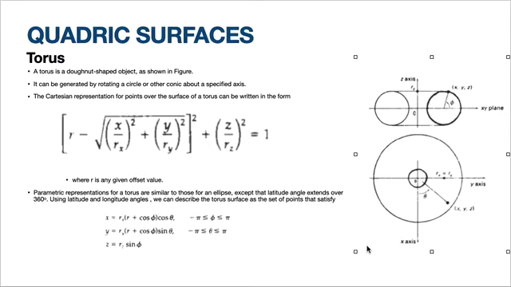These are all possible, but we are not going to see this here. In our syllabus only polygon surfaces and quadric surfaces are to be studied. Okay, so that's all about the 3D object representations. Okay, thank you.